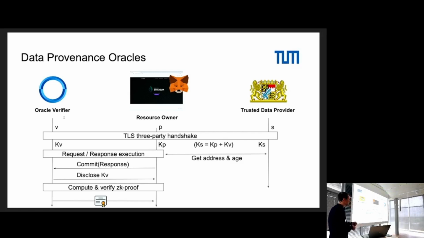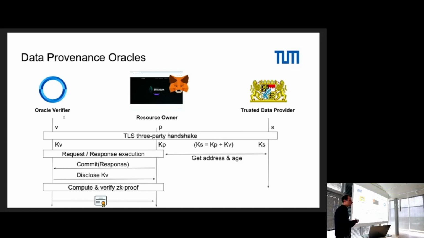On the client side, you must do the same thing. However, the idea is that the resource owner never discloses the secret share, KP, to the verifier, because otherwise the verifier would get access to the data that is communicated. And on the other hand, the verifier wants that the resource owner is not able to cheat and inject any false data into the protocol. That's why the verifier keeps the secret to himself.